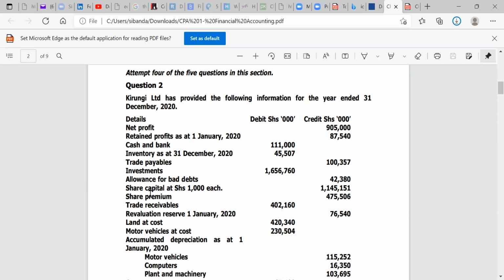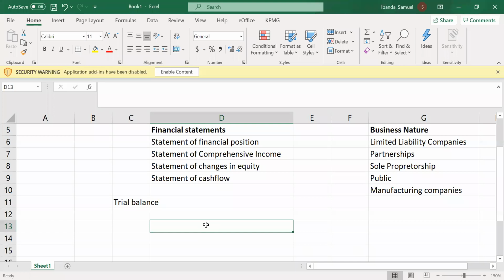Now, share capital and share premium are a bit similar to each other, and I just want to explain what share premium might be and what share capital is. Share premium arises when shares are issued at a premium.